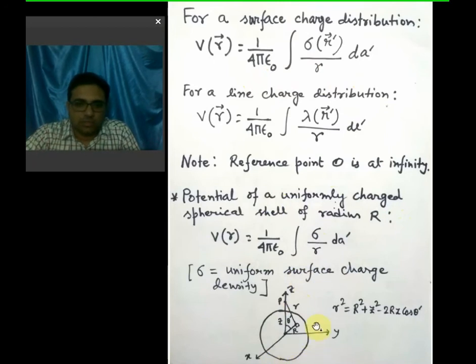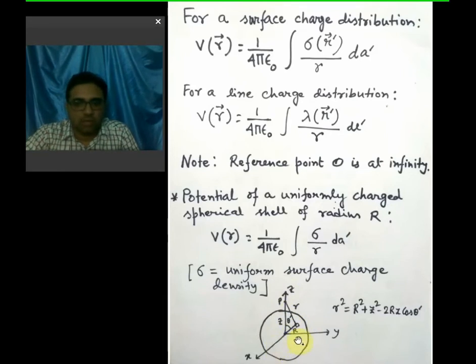Now this is a picture of that spherical shell, and this is the Cartesian coordinate system, and here is the center. The elemental surface is on the surface of the spherical shell. It makes an angle theta prime with respect to the z axis.